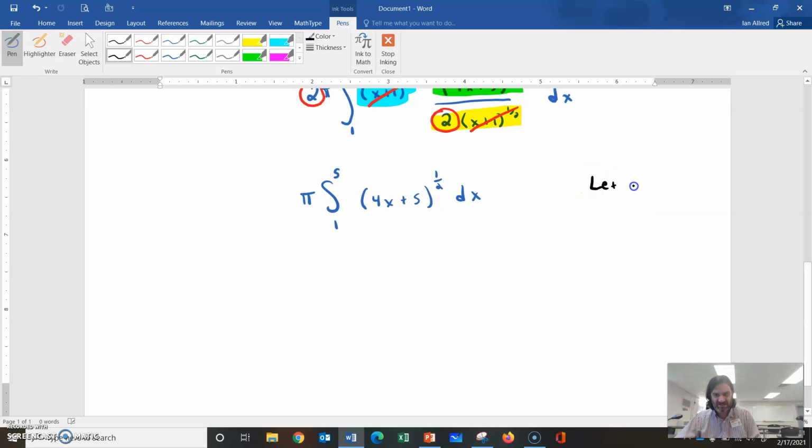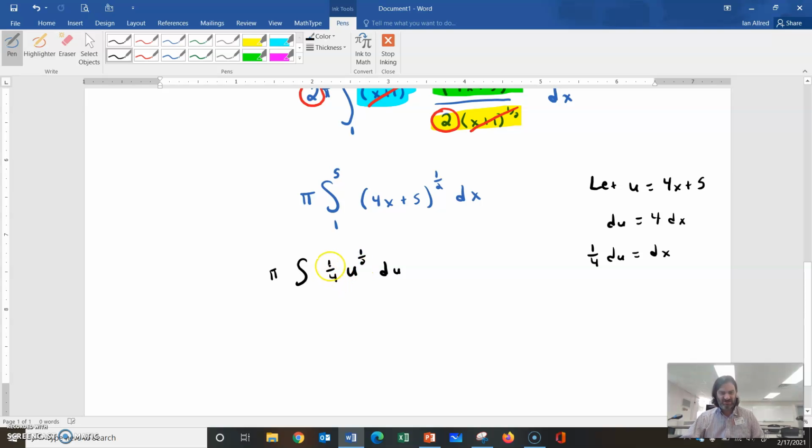We'll let u equal 4x plus 5. du will be 4 dx, so 1/4 du will equal dx. So let's rewrite this thing. We'll have pi out front, and we will put 1/4 du in place of dx, and then in place of 4x plus 5 we'll have u, which will be to the 1/2. So I'm going to integrate 1/4 u to the 1/2.